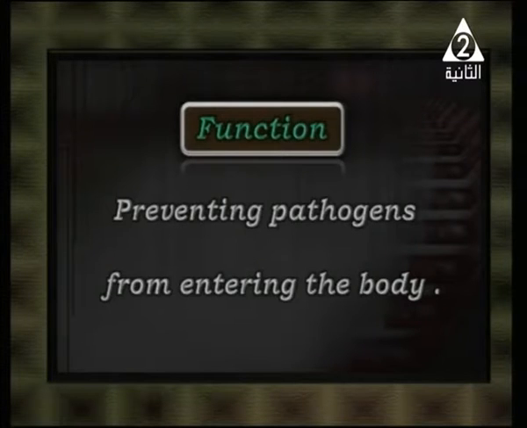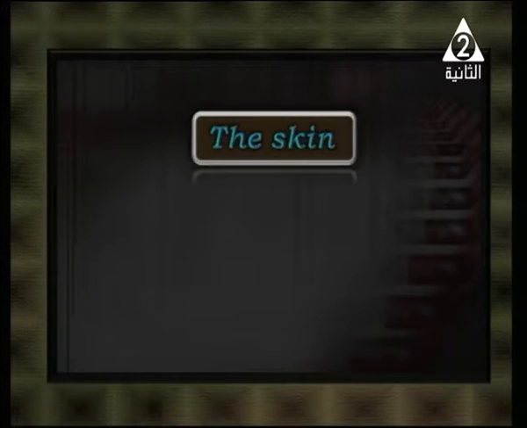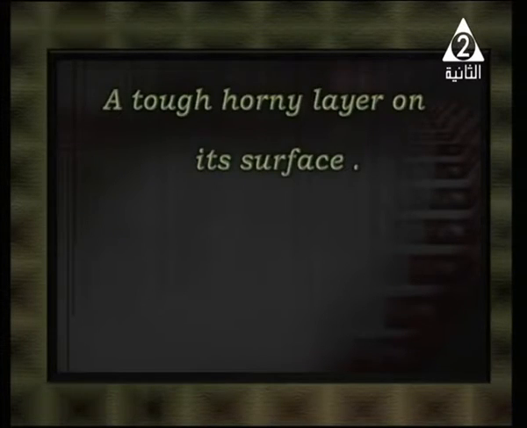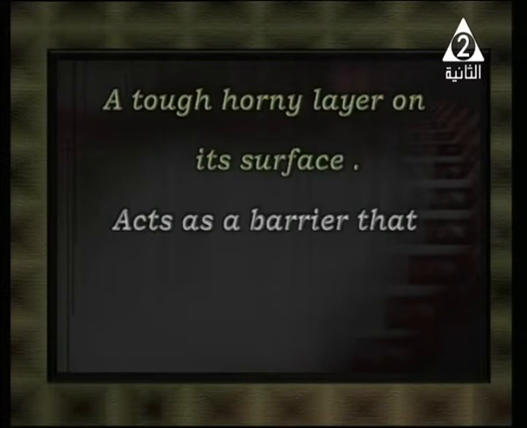So we also have two parts here: how we prevent the pathogen from penetrating the body, and what happens if the pathogen succeeds in passing our cells. Starting with the skin, which is characterized by a tough horny layer on its surface.